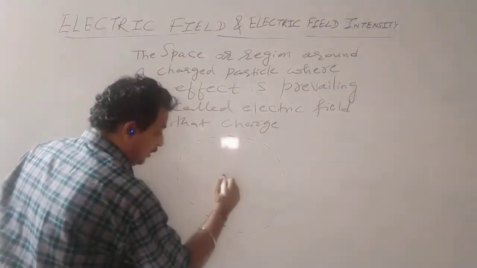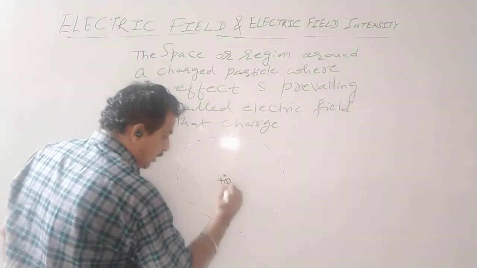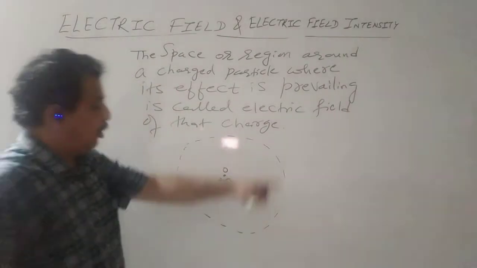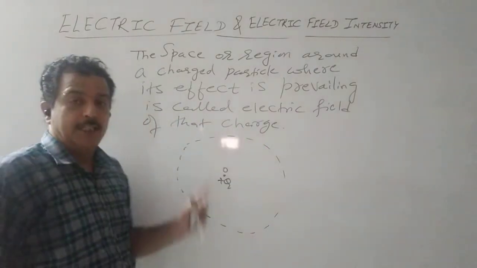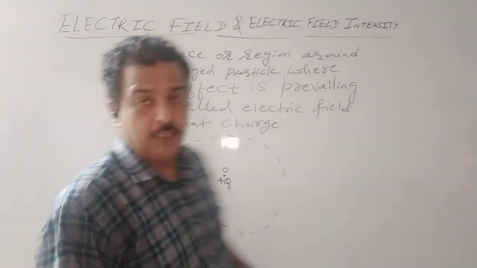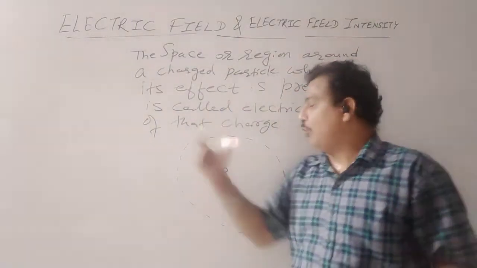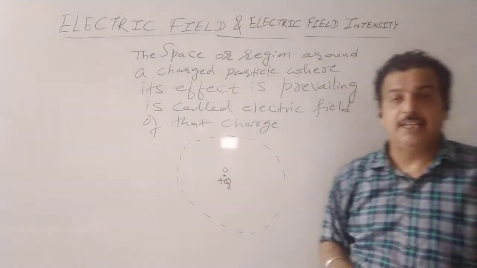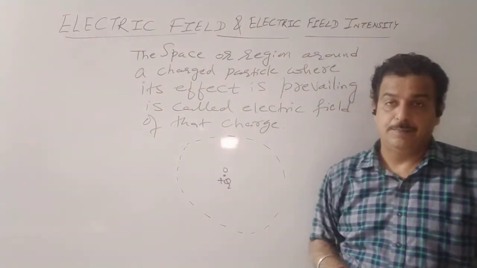If I take this plus q charge in a space, the sphere will be formed in such a way that this charge comes at the center of this sphere. So the shape of the electric field of a point charge is spherical.